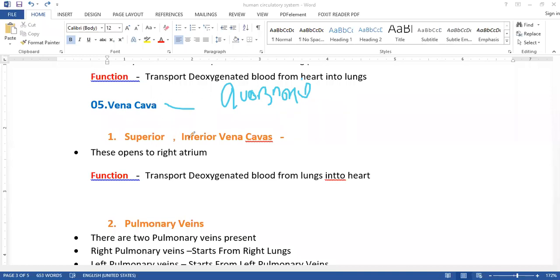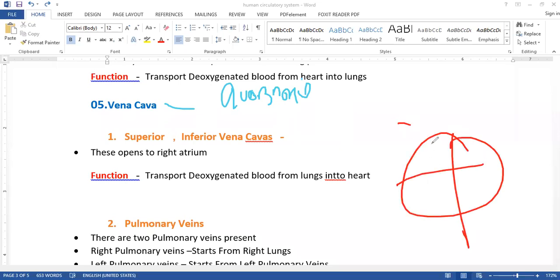Vena cava means perunalangal. And the vena cava is of two types. If you look at this one, it's the superior vena cava and the inferior vena cava. Where do the superior vena cava and inferior vena cava open? They open to the right atrium.